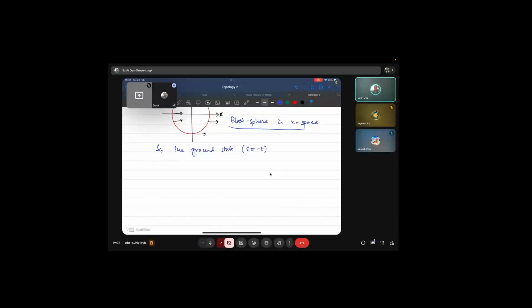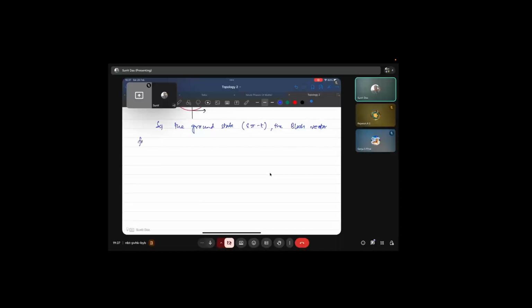For the low energy states, the Bloch vector, we are calling this vector the Bloch vector for the wave function, is oriented along x cap at all k values.